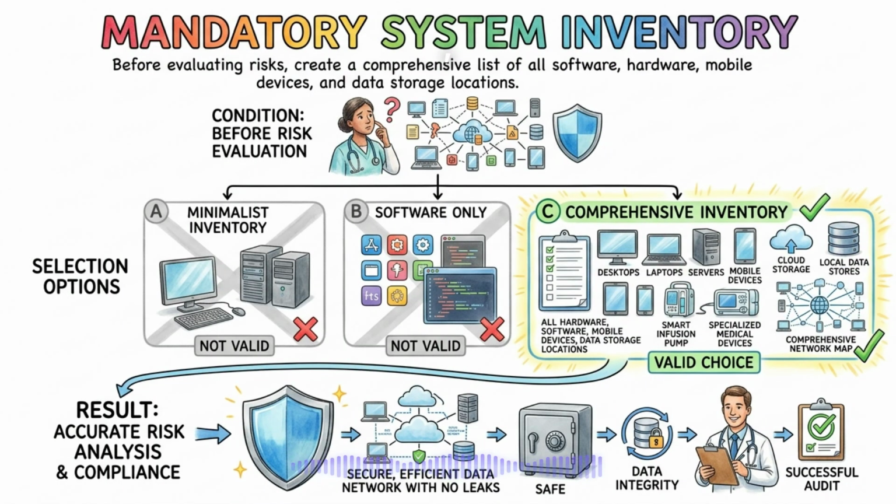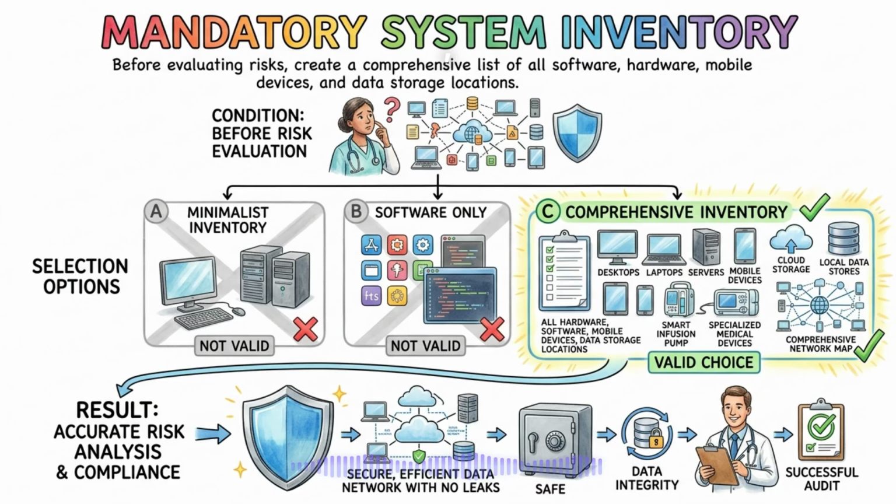Before you can evaluate risks, you must know exactly what you are trying to protect, making an information system inventory the mandatory first step. An inventory is a comprehensive, detailed list of all software, hardware, mobile devices, and data storage locations across the entire organization.